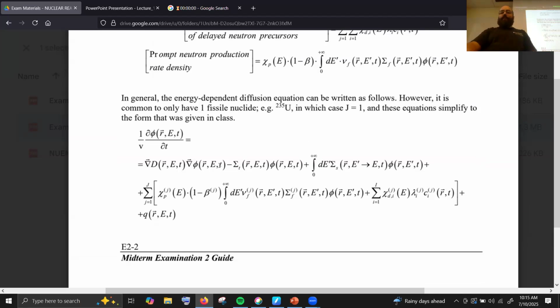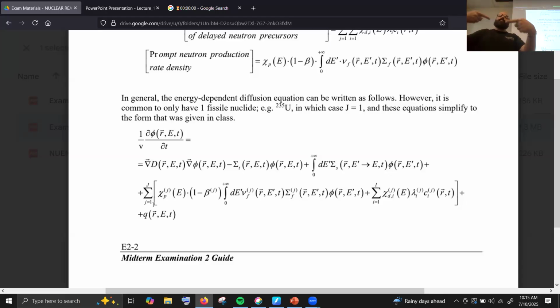This is how it's written in Stekhov's notes, and it's slightly more complicated than the version that I showed you guys in class because I didn't use a subscript J to account for different kinds of fissionable nuclides. I was assuming J was one, like we only had one fuel type, like uranium fuel, in which case any summations over J simplify a little bit.